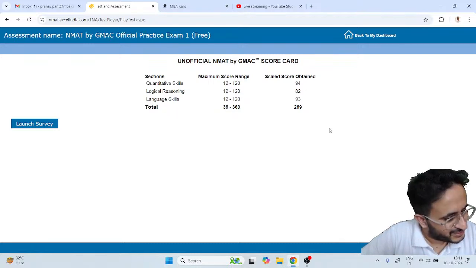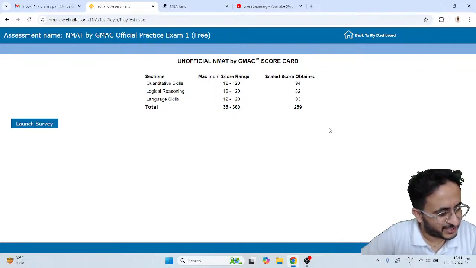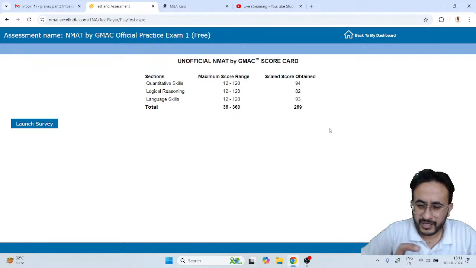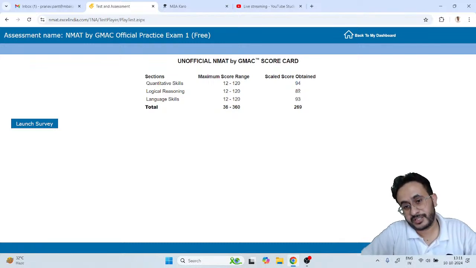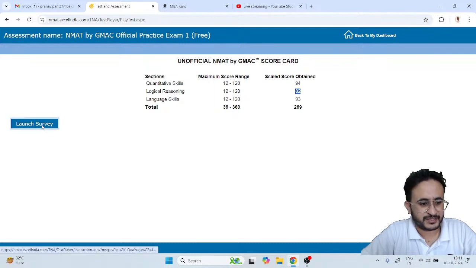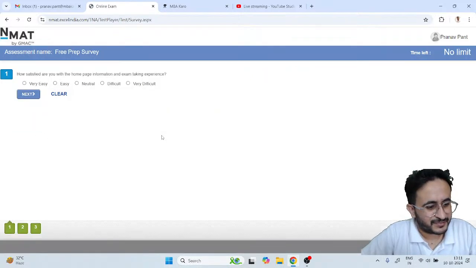Okay, 296. Someone Pandya said 296, 269. Okay. So around 270. Quant logical reasoning went bad. Let's see the thing. How is homepage information? Take a neutral करते हैं, not get very easy.